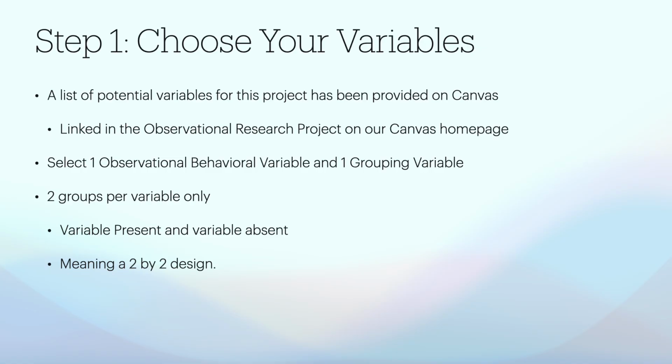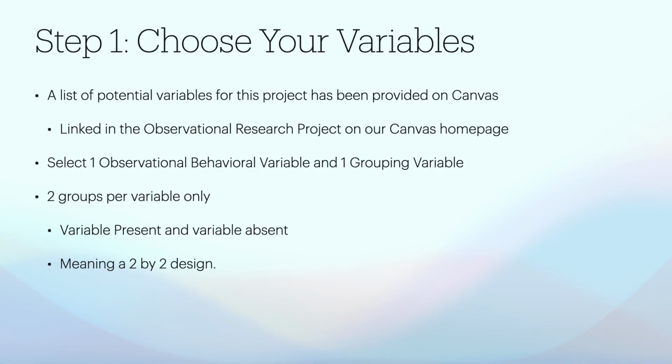So I highly recommend, if you do choose one of those 2 variables, you definitely need to come up with very concrete, detailed operational definitions, because the better your operational definitions are, the easier it is going to be when it comes time to make your observations. There are 2 groups per variable, so it'll be a 2x2 design.